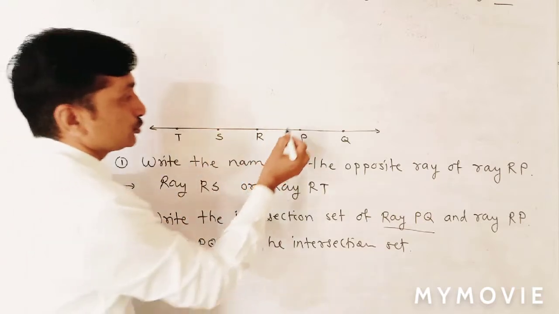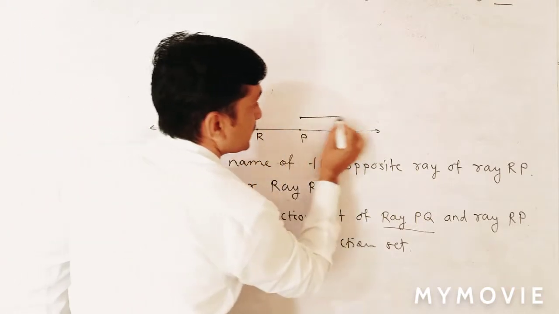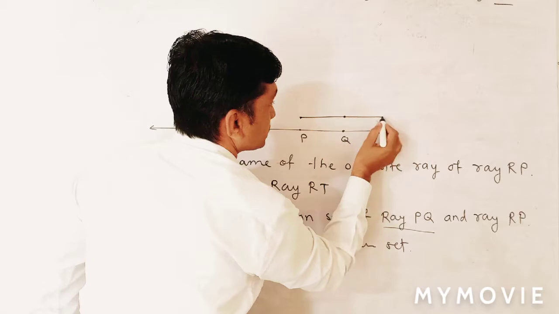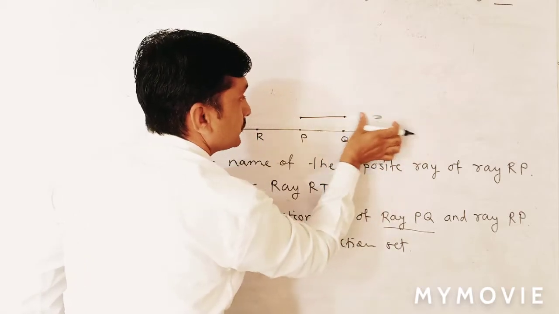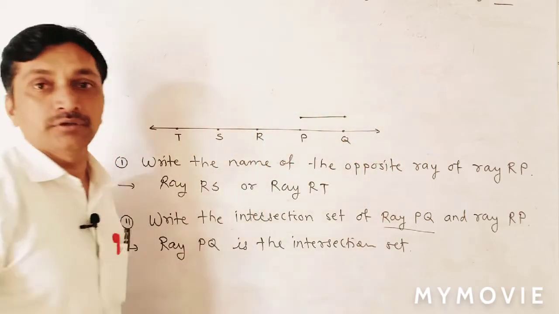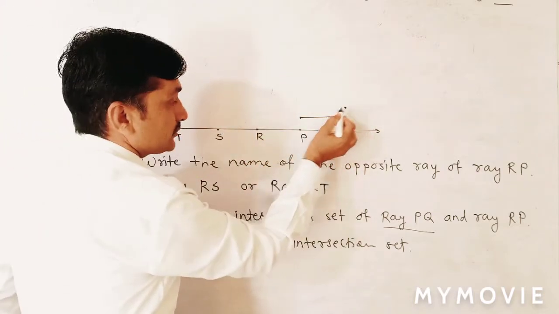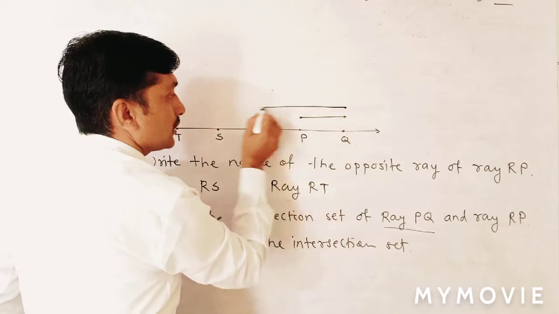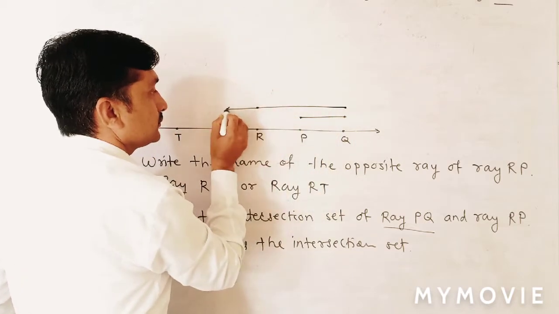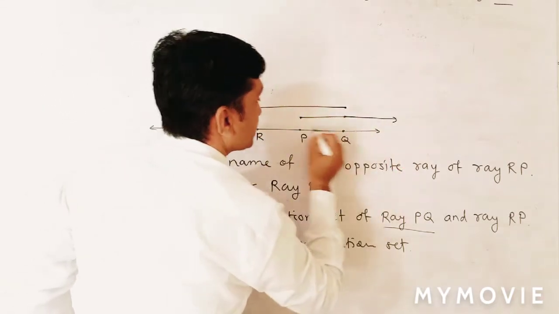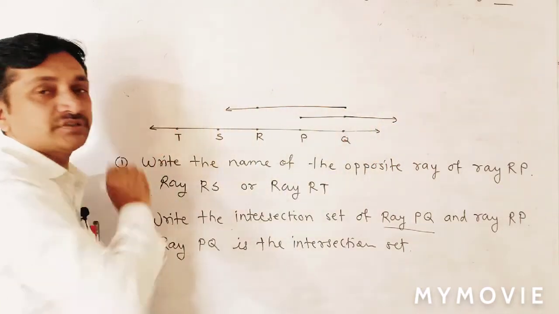Let's say PQ. Ray PQ is going here till here, and ray QR is coming from here to this side.